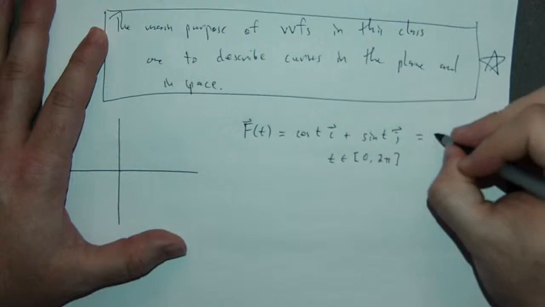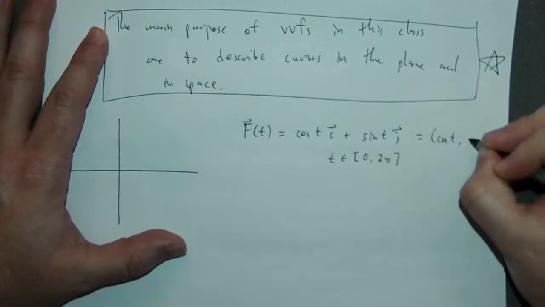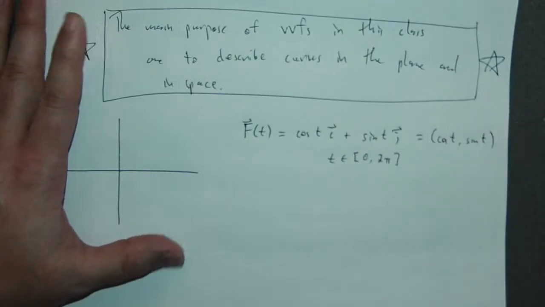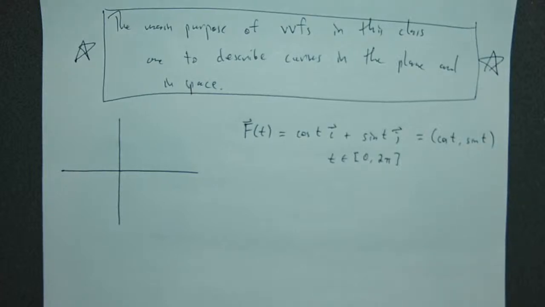If we write this another way, this is cosine t in the first slot and sine t in the second slot. What is that? You've definitely seen this before. So I'll wait till someone says something in chat. Yeah, it's the unit circle, right?